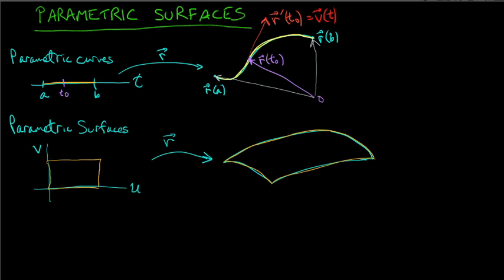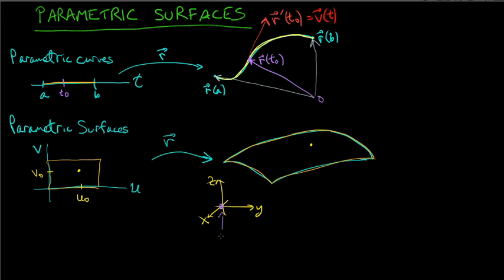If we pick a particular point, let's say u0 and v0, that will correspond to a particular point on the surface. Remember, this surface is in three dimensions, so we have the usual coordinate system x, y, z, with our origin here.